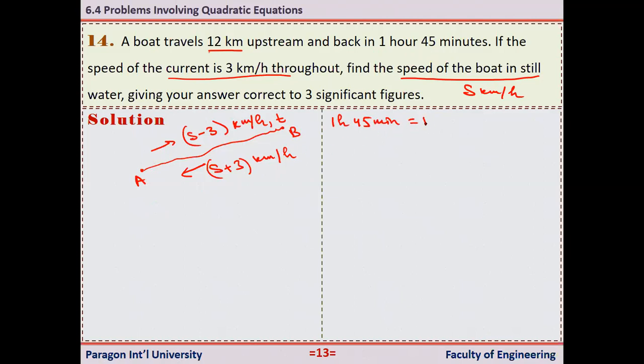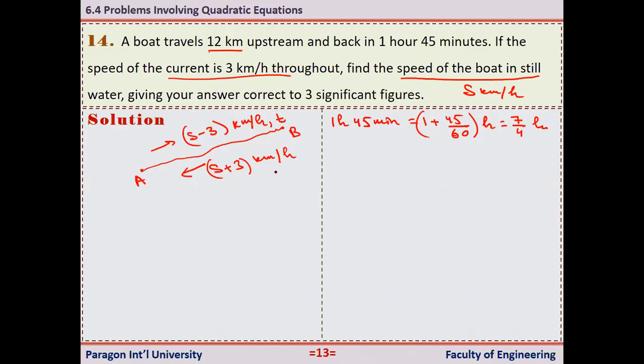That is 1 hour plus 45 over 60 hours, which is equal to 1 plus 3 over 4, that is 7 over 4 hours. All right, 1 hour and 45 minutes in hours is 7 over 4 hours. So the total time is 7 over 4 hours.